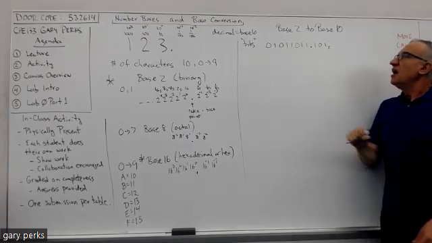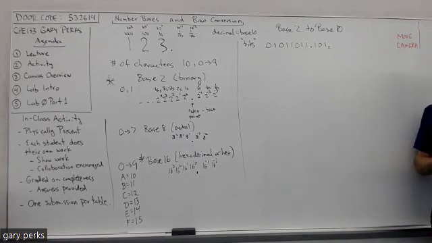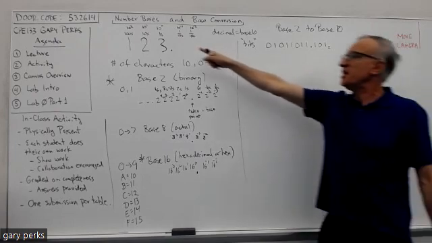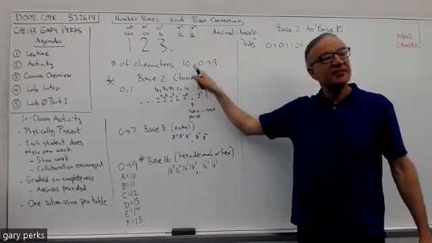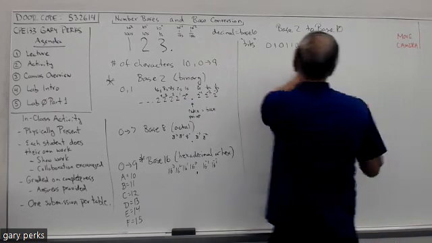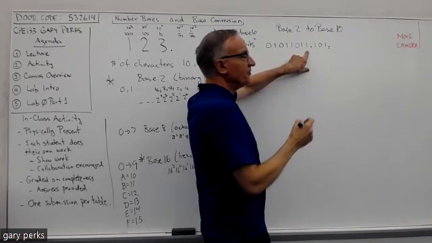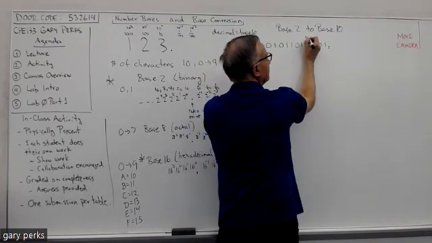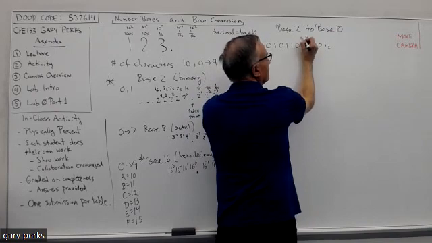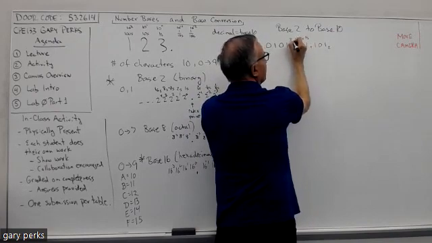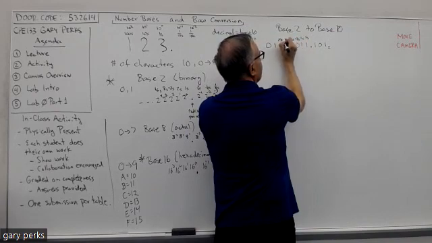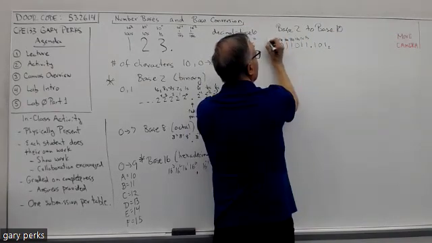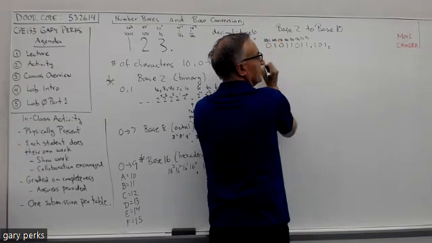Okay? All right, well, the way that I would convert this base 2 number into base 10 is I would just use my knowledge of what these bit values are based on the column. So just to the left of the radix point in base 2, that's the 1s column. Then comes the 2s, then the 4s, then the 8s, then the 16s, then the 32s, then the 64s, then the 128s.